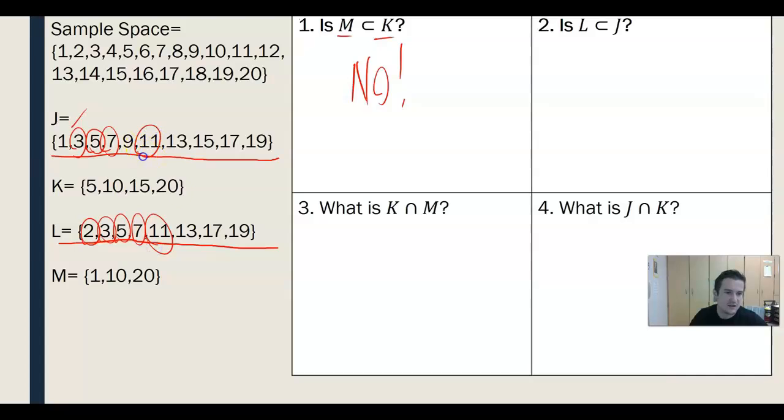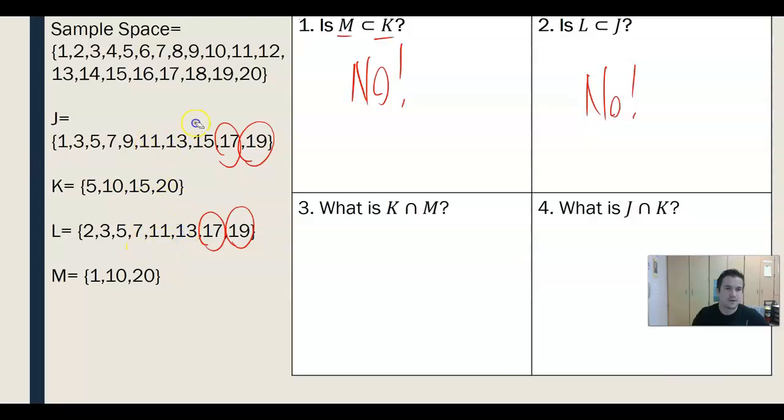Yes. 11? Yes. 13? 17? 19? So all but 2 of the elements from set L are also contained in set J, but that's not enough to say it's a subset. In order for L to be a subset of J, everything in L would also need to be in J. So no, L is not a subset of J.